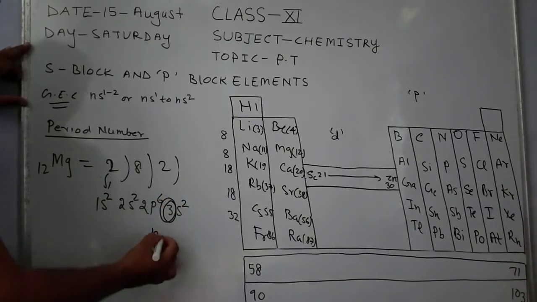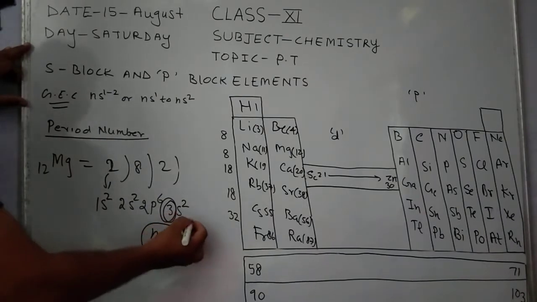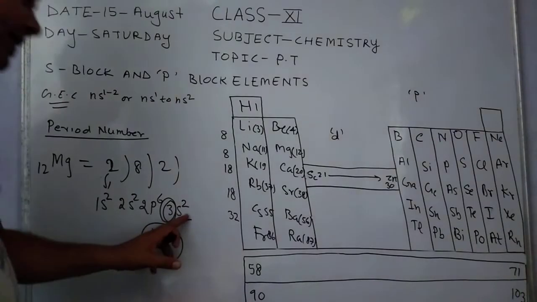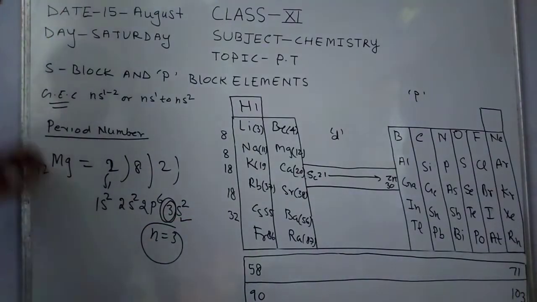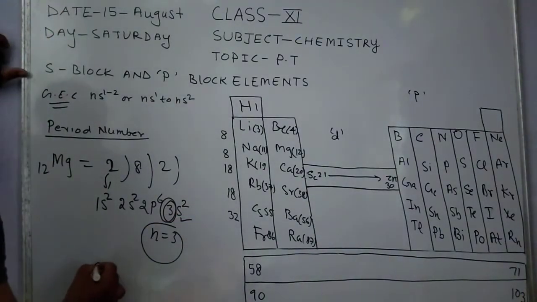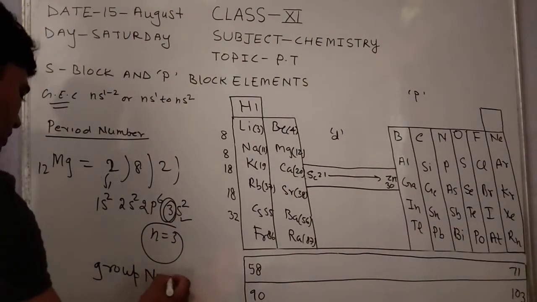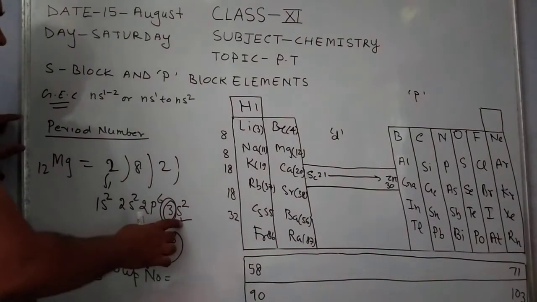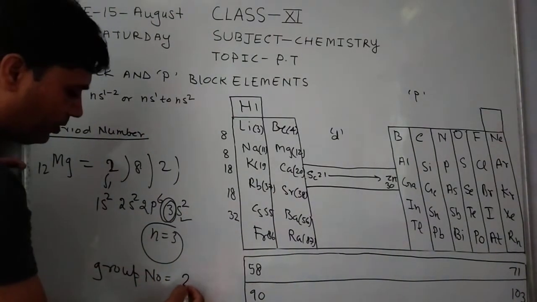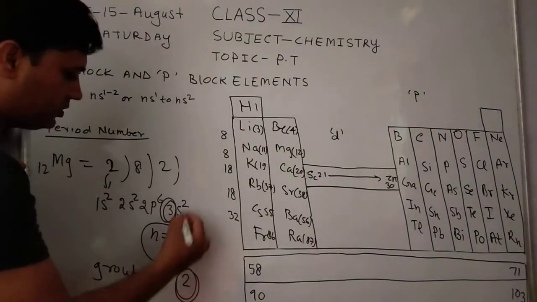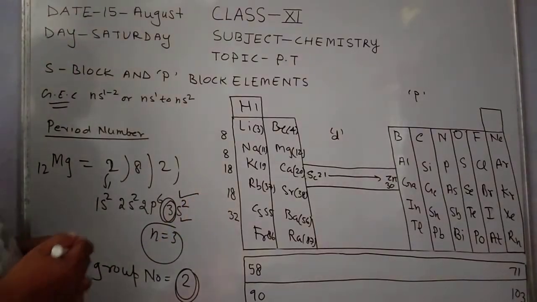The maximum value of n is 3, so the period number is 3, and the last electron enters the s subshell, so it is an S block element. For S block elements, the group number is equal to the number of electrons present in the outer s subshell. The number of electrons is 2, so the group number is 2.